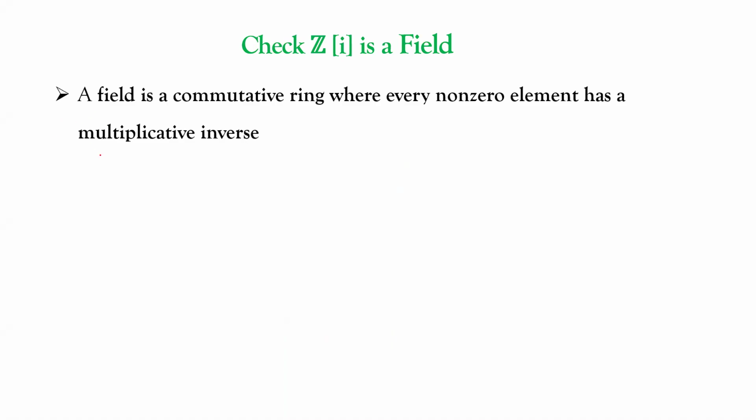That is, for every Z equal to A plus Bi Gaussian integer, which is non-zero, there must exist Z inverse equal to x plus yi by m in Z of I, where x, y, m belong to integers.